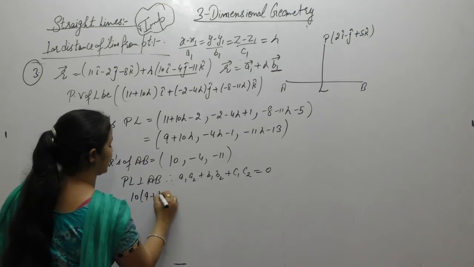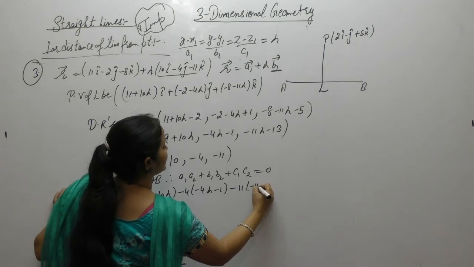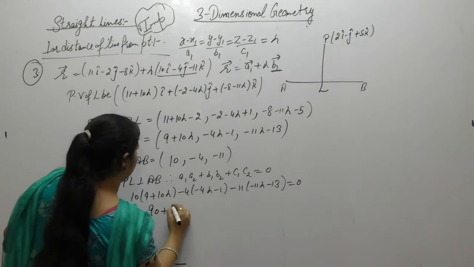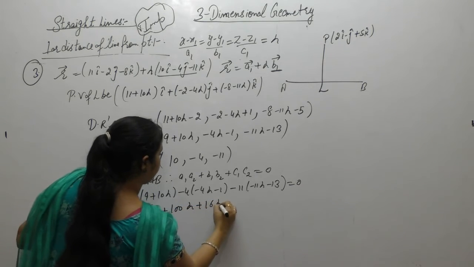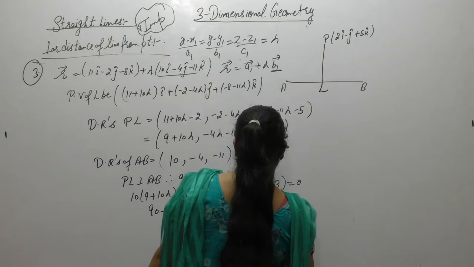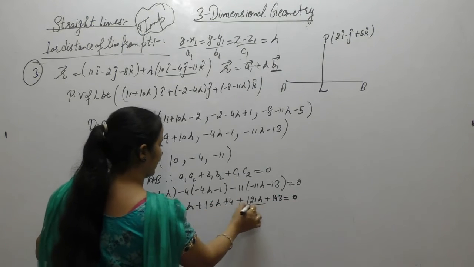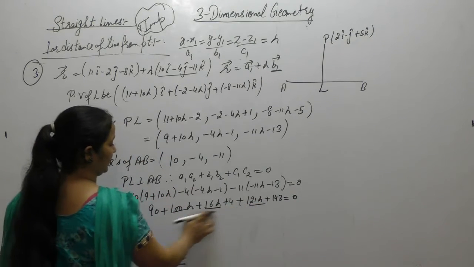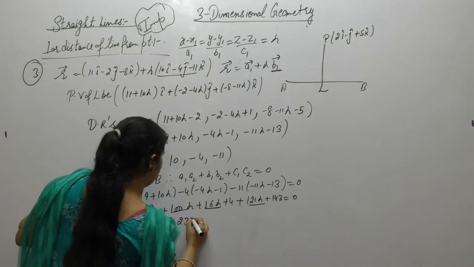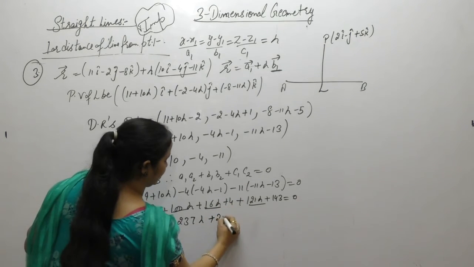10 into 9 plus 10 lambda, minus 4 into minus 4 lambda minus 1, minus 11 into minus 11 lambda minus 13. 10 into 9, 10 into 10, plus 143. 100, 121 and 16. 121 plus 100 is 221, plus 16 gives 237 lambda. 94 and 143.